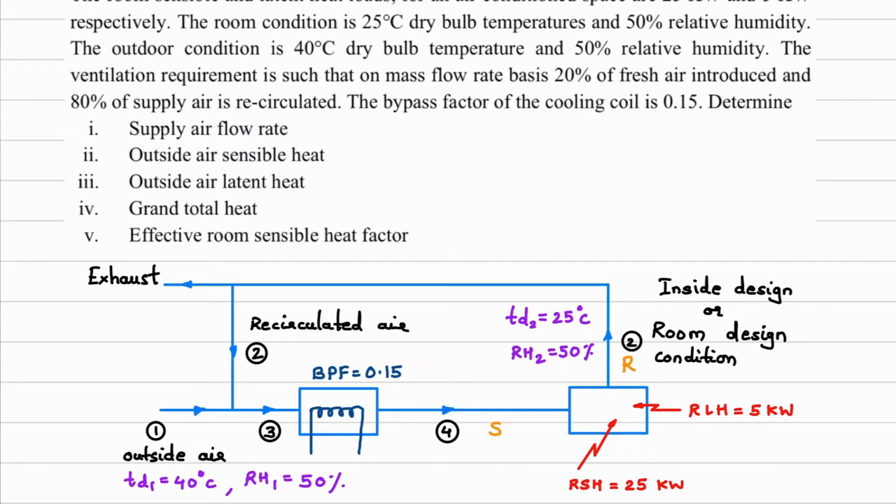Then outside air sensible heat, so we have to calculate OASH. Then outside air latent heat, OALH. Then grand total heat, GTH. And after that, we have to find effective room sensible heat factor, ERSHF.